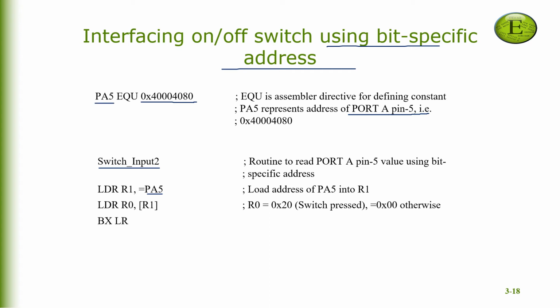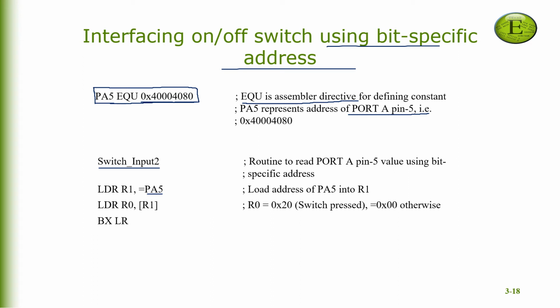And that constant usually goes into the ROM. That's where the code is placed, the code that the microcontroller is supposed to run. To store this constant, we make use of the assembler directive, that is EQU.